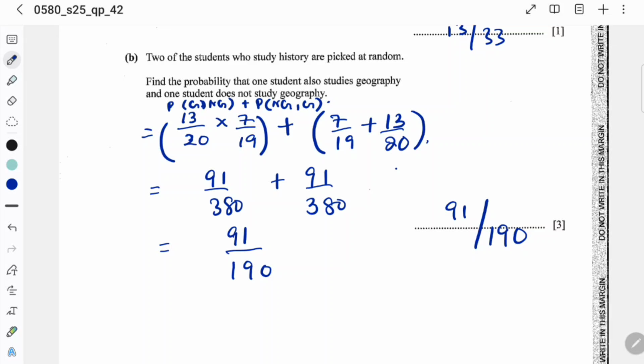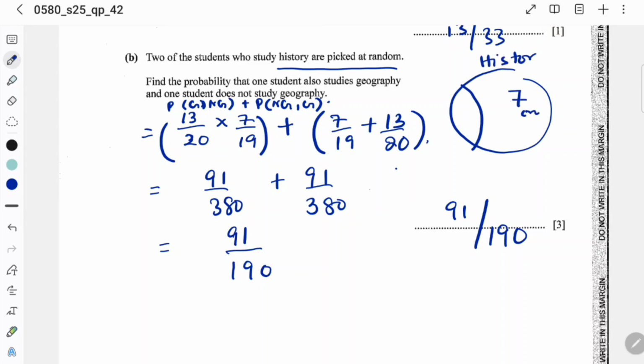Alright, so we are assuming this time in this question, which is a 3 marks question, that they are just picking from the history students. So the history students are, this is for history, 7 are taking only history and 13 are taking geography also. So we'll have to pick 2 children.